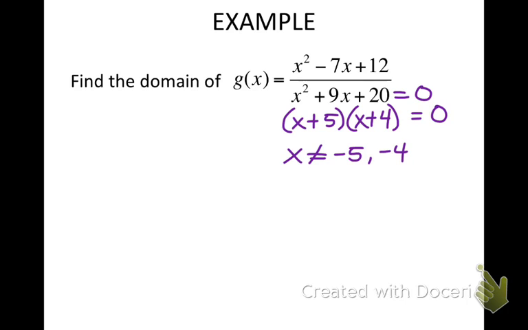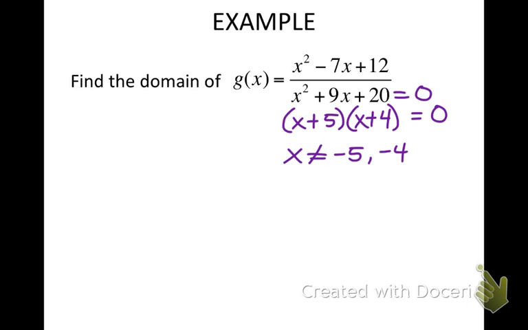If it did, I would end up with 0 times -1, which is 0, or 1 times 0, which is 0, which means I would have 0 in the denominator, which means that can't happen. The world would explode if we tried to divide by 0 on our calculator.